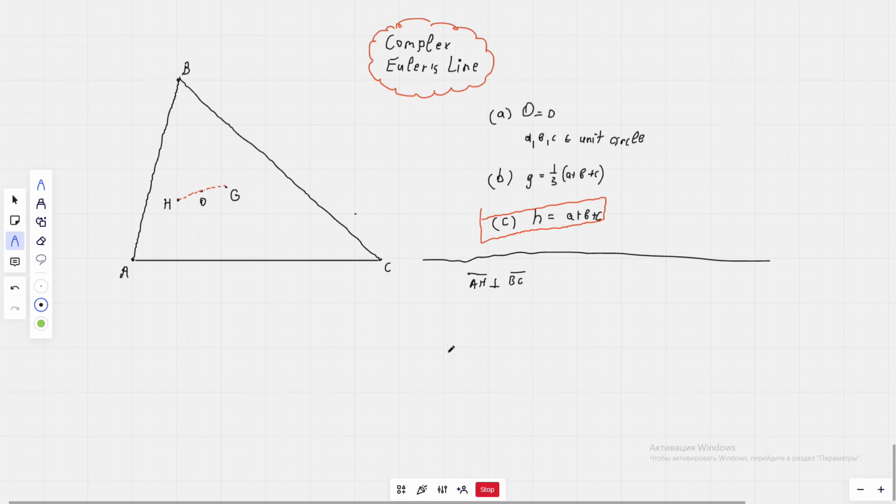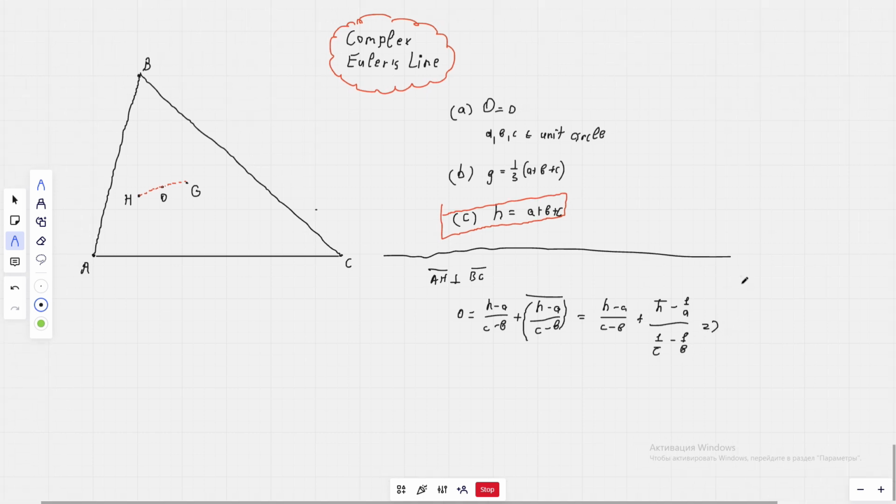By using the first lemma about perpendicularity, we have that 0 equals, as A, B, C lie on the unit circle, we have that, which, after equating this to 0, gives us that ABC H conjugate minus AH equals BC minus A squared.